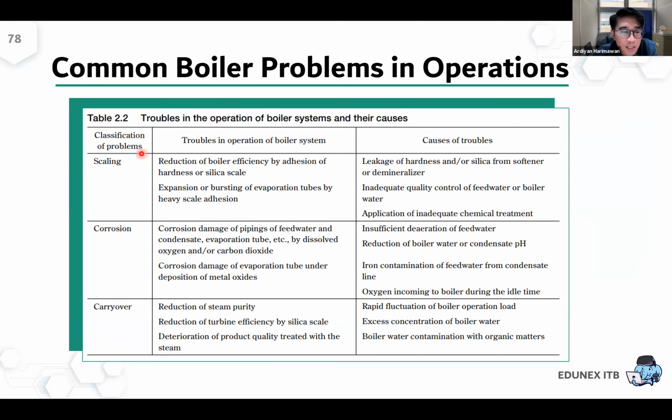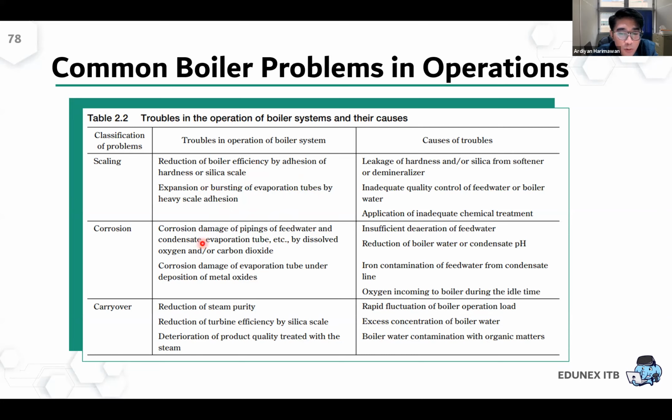So if scaling happens, then what happens? The thermal efficiency, the boiler efficiency, will reduce, and the major problem will be the bursting of the evaporation tube, because the scaling can create what we call embrittlement. I think in the corrosion and construction material course, you have heard about the embrittlement. Yeah, scaling can cause the embrittlement.